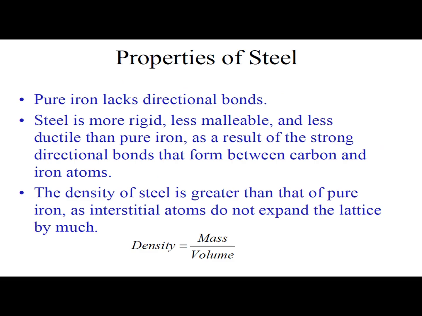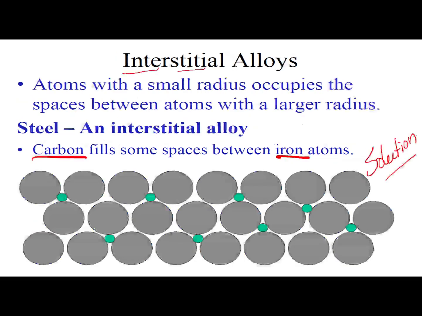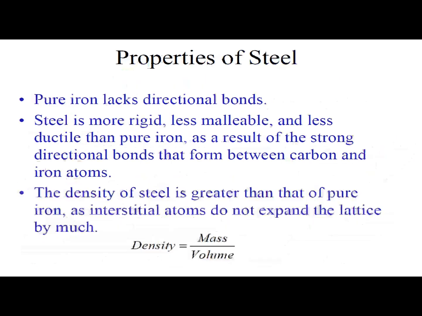Steel is going to be more rigid. The carbon helps stabilize the structure of it, and so this is going to make steel much stronger than iron. By filling the interstitial spaces and forming bonds with the neighboring iron atoms, this alloy becomes a lot less malleable.